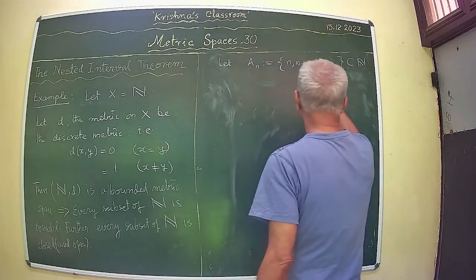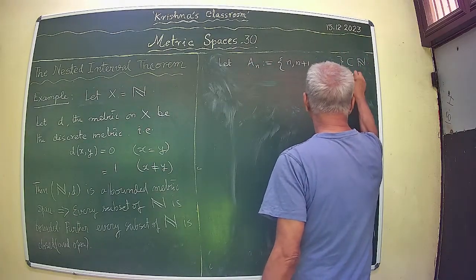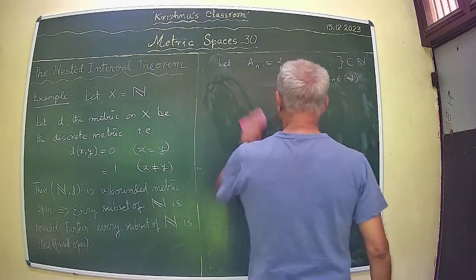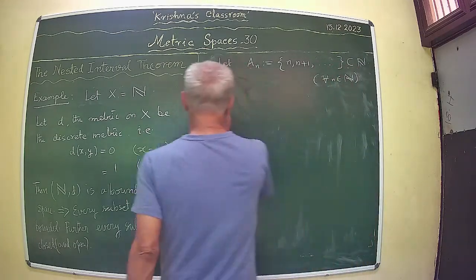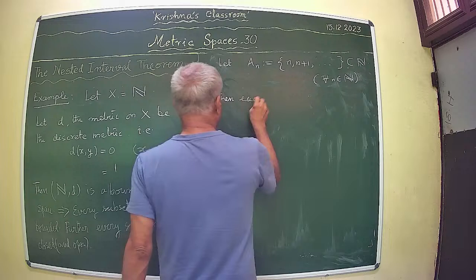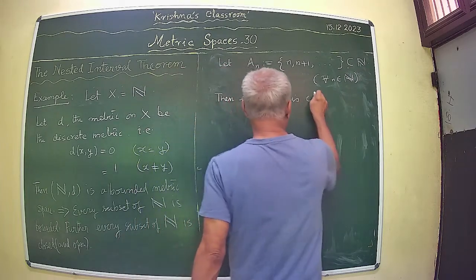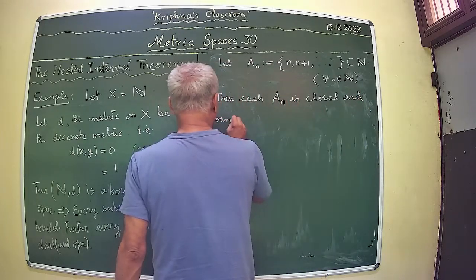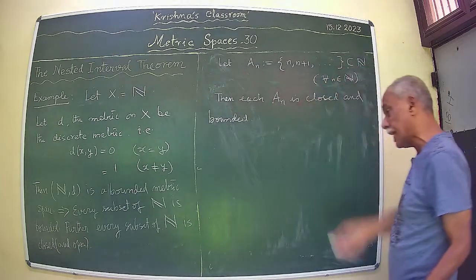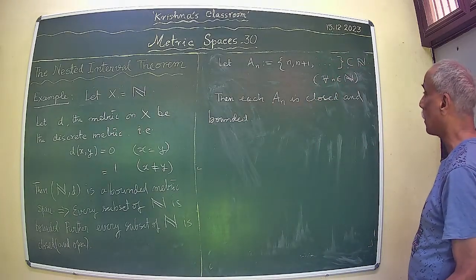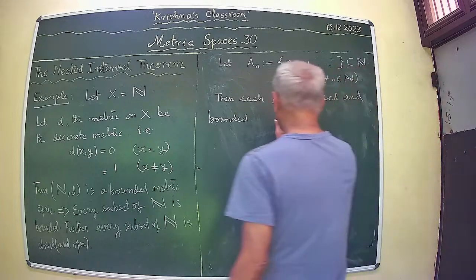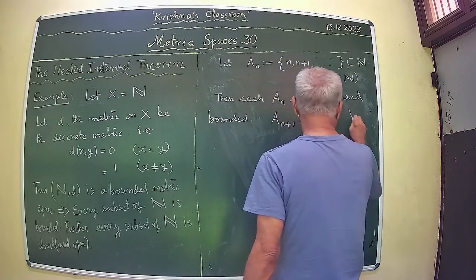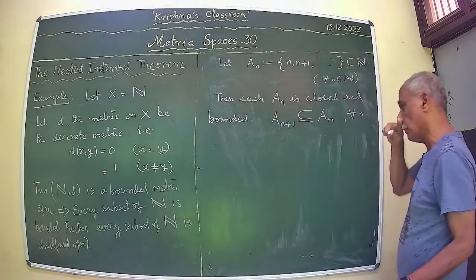Now then you see that each An is closed and bounded, and An plus 1 is contained in An. What about the intersection?